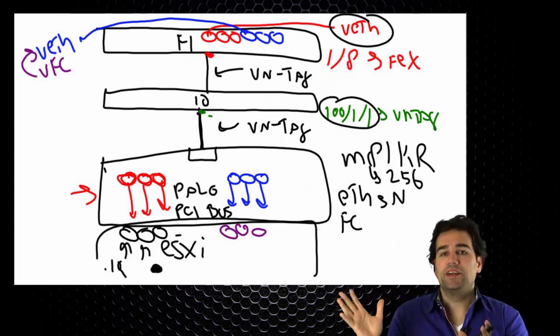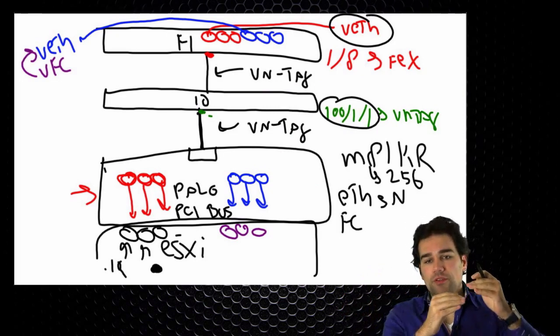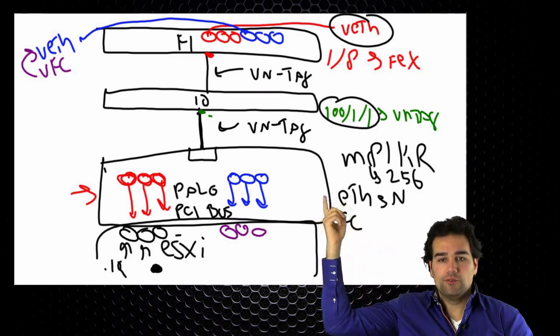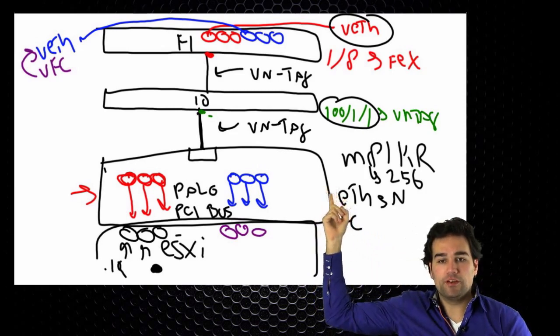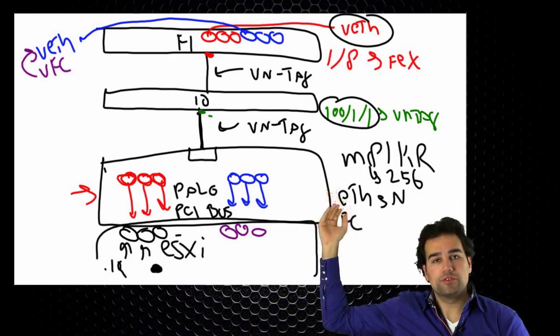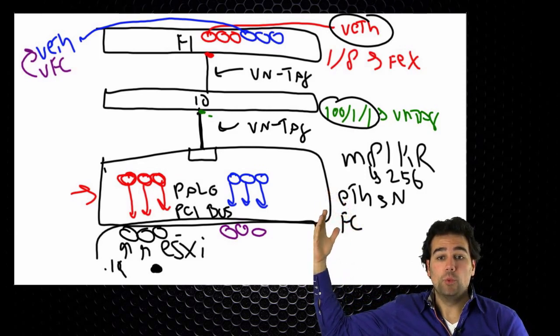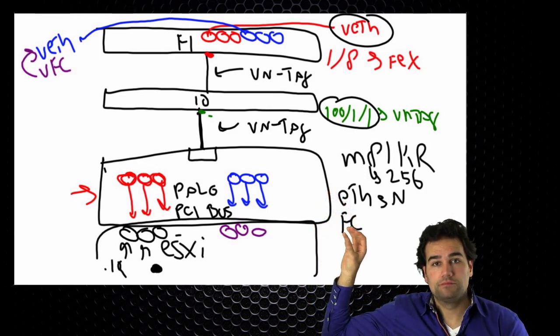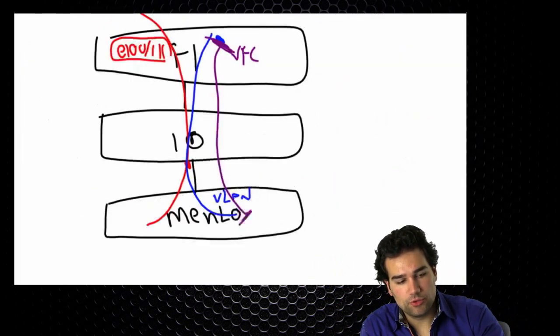If we have this twice, what we can do is, because we decoupled the physical layer from the PCI bus layer, so we have the physical ports on top here and we have the PCI bus down here. Because we decoupled those from each other and we just use some encapsulation method, we can do a thing called failover. What that means is that, let me draw that very quickly.